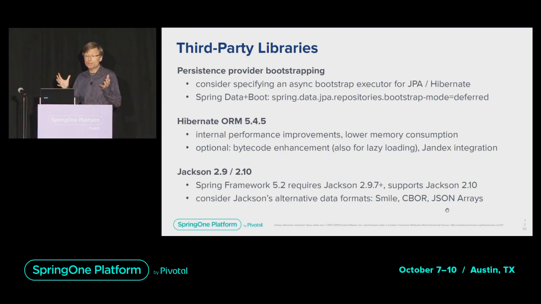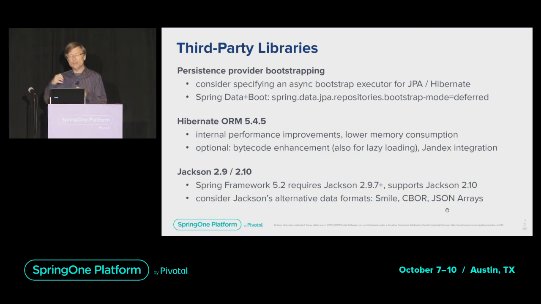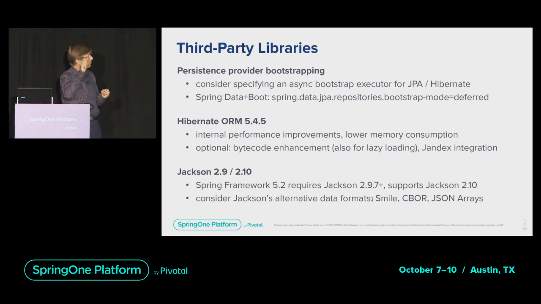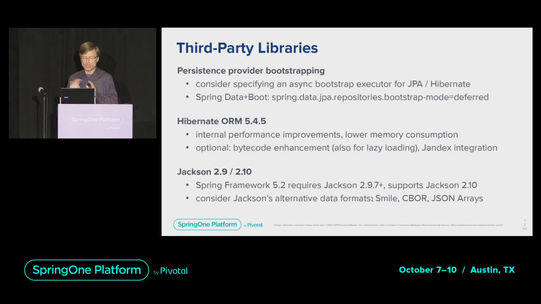Right, so that's also something we focus on our end. We keep track of everything Jackson does, and we support the brand new Jackson 2.10 release now. Remember, we have a new baseline. As of Spring Framework 5.2, we only work with Jackson 2.9.7 and higher for some API interaction purposes.